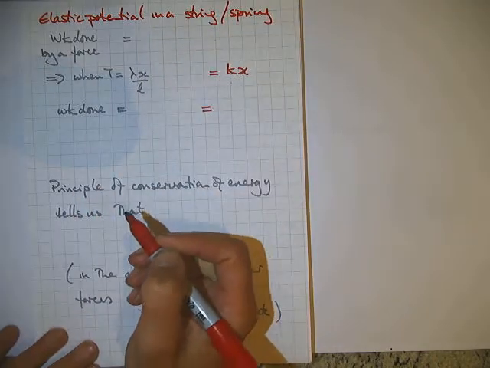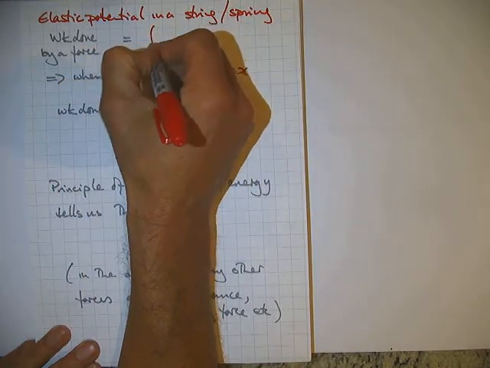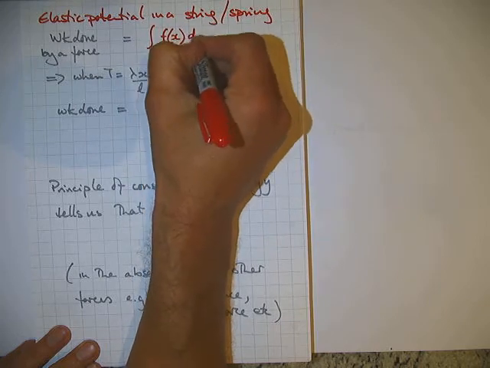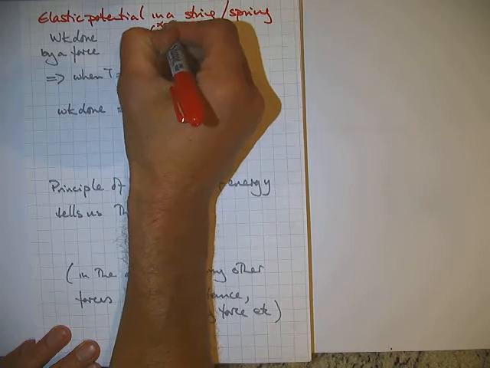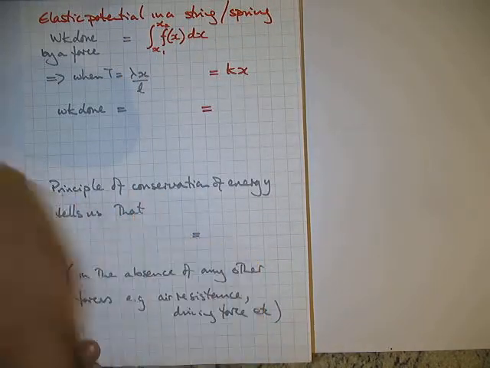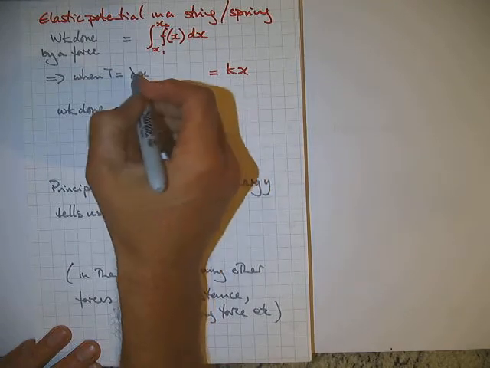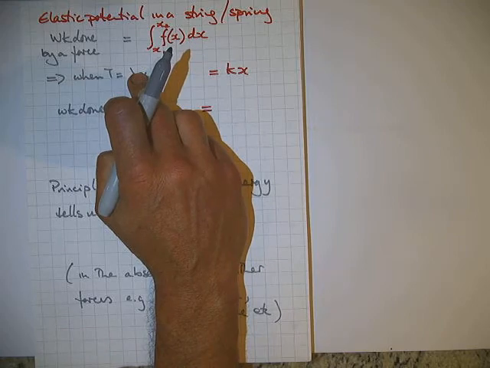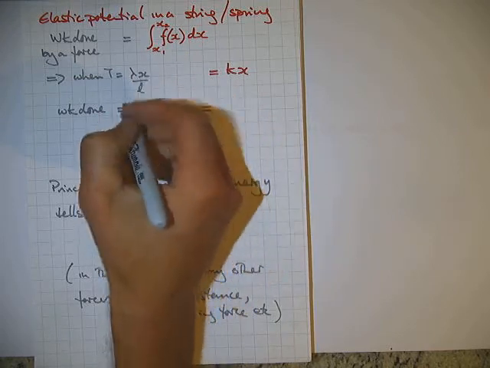Now, we've already said that the work done by a force, if the force is varying, we integrate the function that defines the force with respect to x between two values. So that means that when the force is lambda x upon L, where lambda is the modulus of elasticity and L the natural length, the function is linear in x.